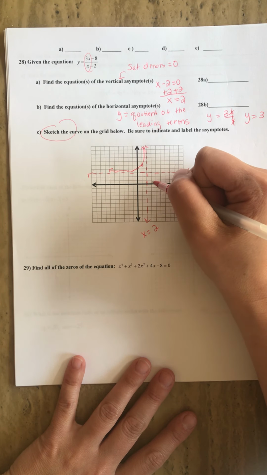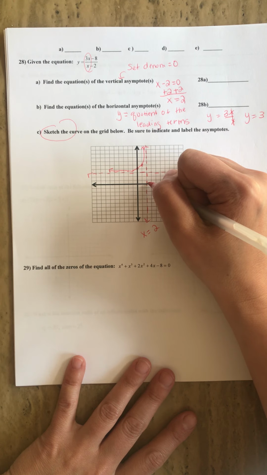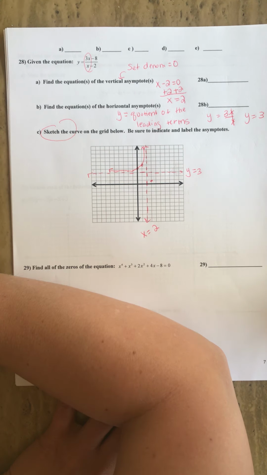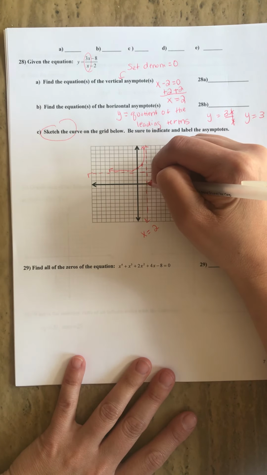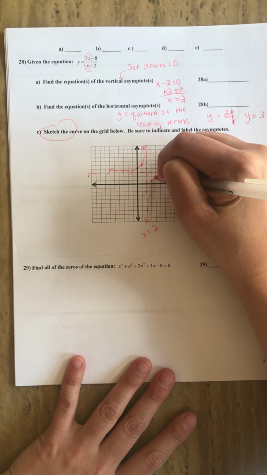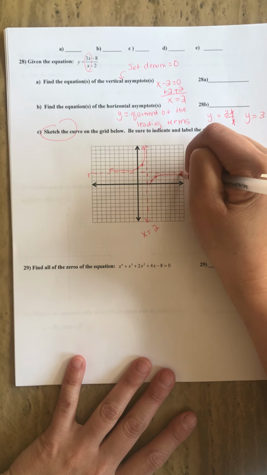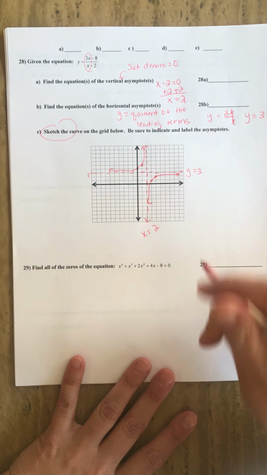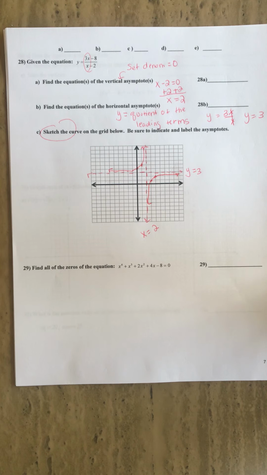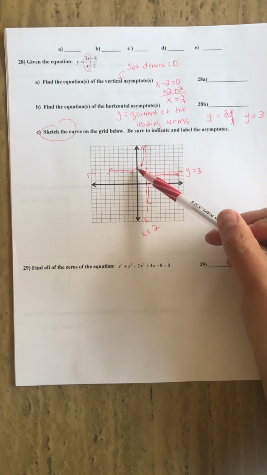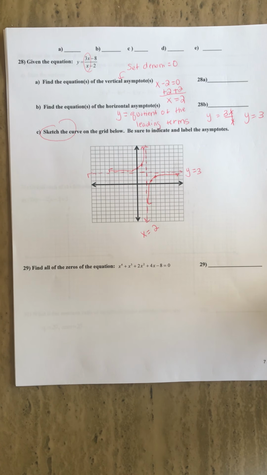Okay, and this one right here is going to be going through this point, over 1, 2, 3, 4, up 2, 1, 2, 3, 4, up 2. Okay. And your sketch should look similar to that. I do want you guys, when you do stuff like this, to focus in on some of your key points and then go ahead and sketch that.